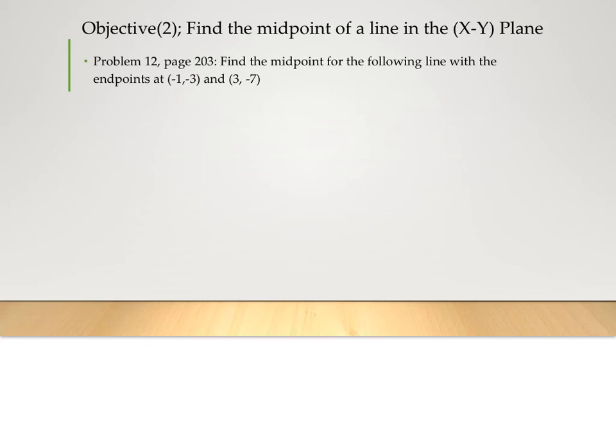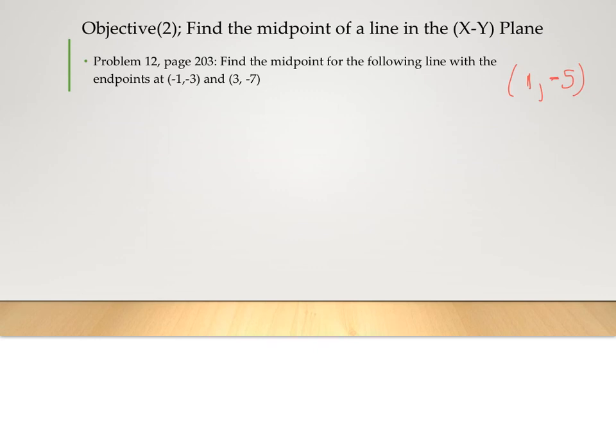So again, I want you to pause the video, and I want you to find the midpoint for this particular problem, and when we come back we will go through the methods of doing it. So the answer you should have gotten for the midpoint for this particular problem was 1, negative 5. And if you didn't get that, we'll go through the problem this time.